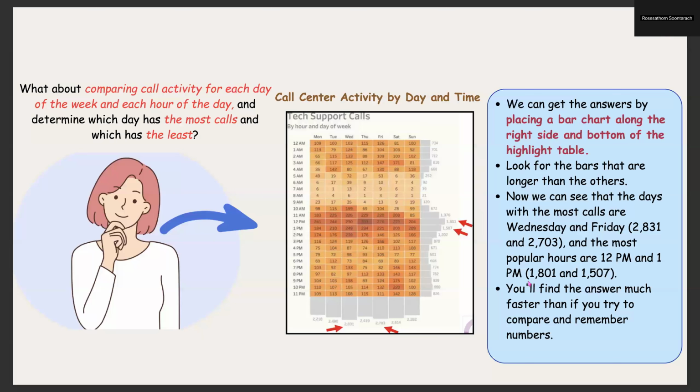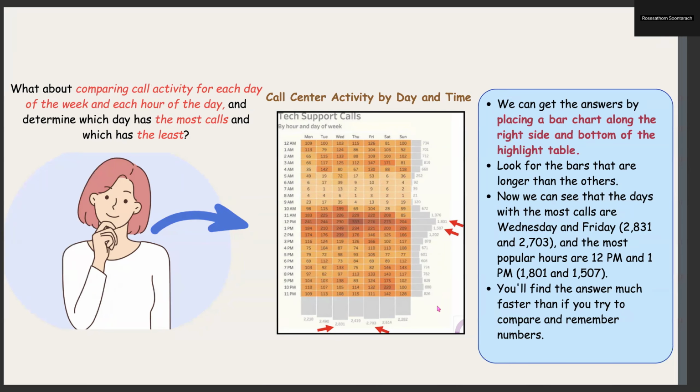And what about comparing call activity for each day of the week and each hour of the day, and determining which day has the most calls and which has the least? You can get the answers by placing a bar chart along the right side and bottom of the highlight table like this, and look for the bars that are longer than others.